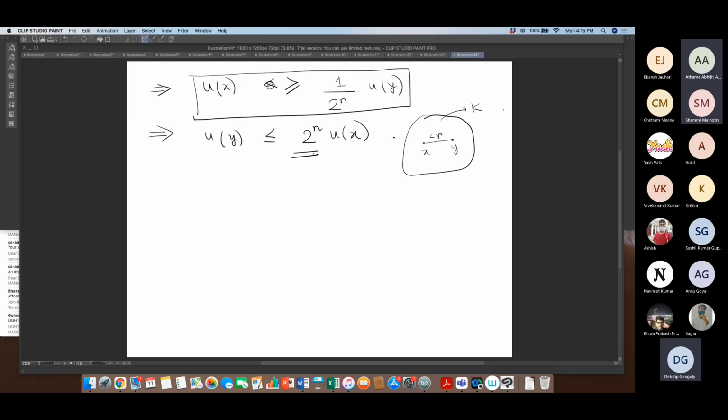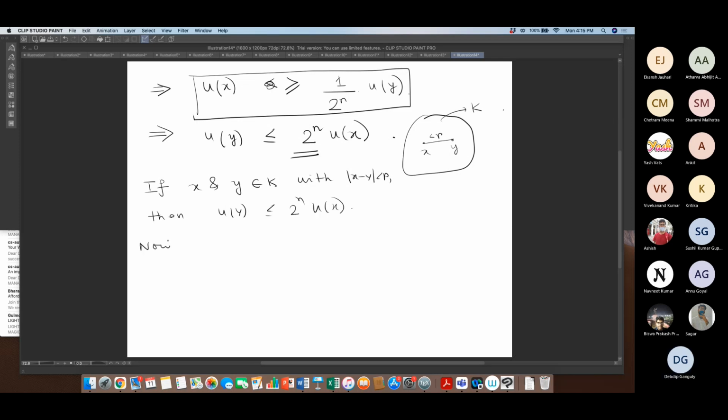So we can take a finite cover of balls of radius r. Exactly. If x and y belong to the compact set with distance between x and y less than r, then we obtain that u(y) is less than 2 to the power n times u(x).